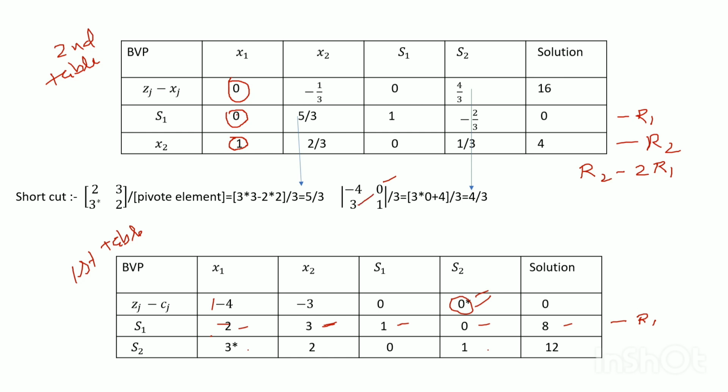And proceeding in a similar manner, you get all the values. Okay, minus 4 in 3 into 0 and minus 4 into 1.